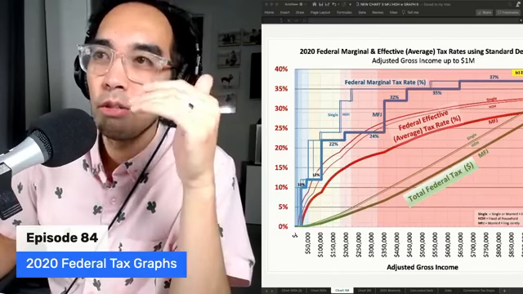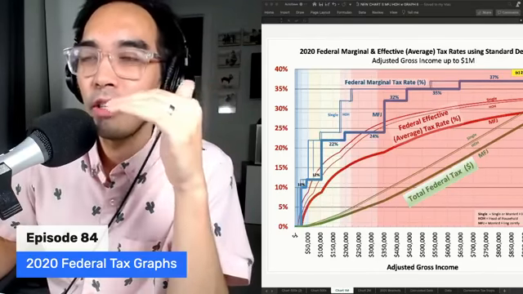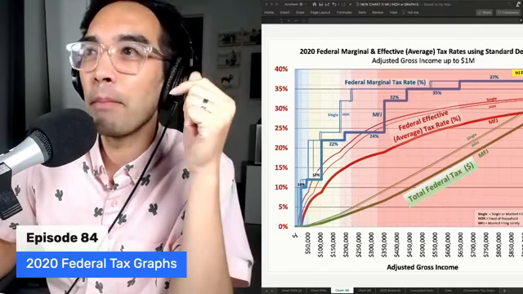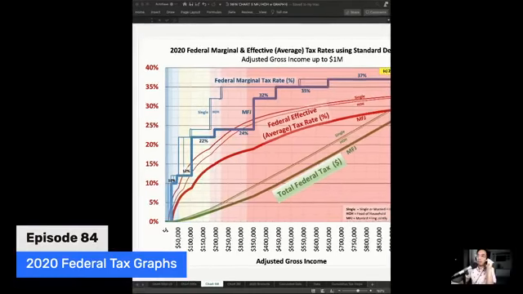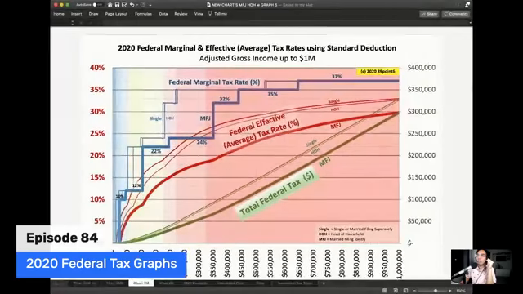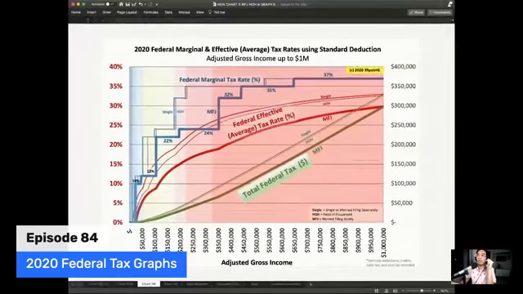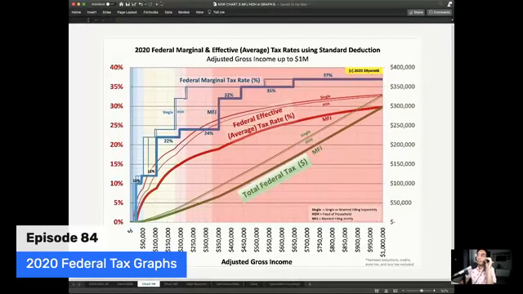This includes married filing jointly, head of household, and single/married filing separately. So I'm going to make this bigger, make it a little easier to see. Okay, so this is the new graph, and I hope that it's not too busy.